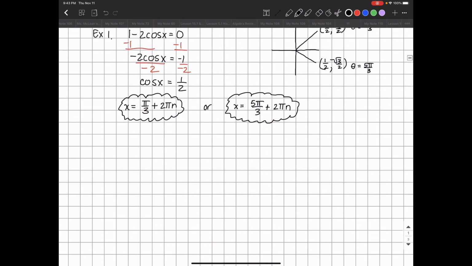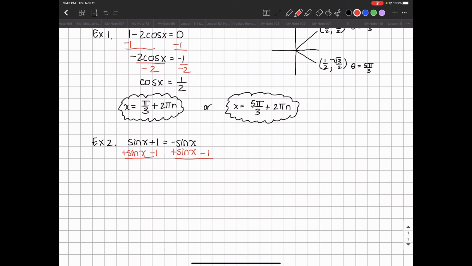All right, let's do another example. So second example, maybe I have sine of x plus 1 is equal to negative sine of x. For this, the first thing I'm going to do is add sine of x on both sides, and then I'm going to subtract 1 also.